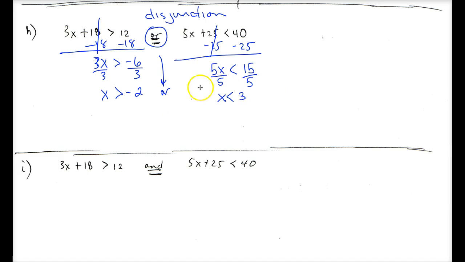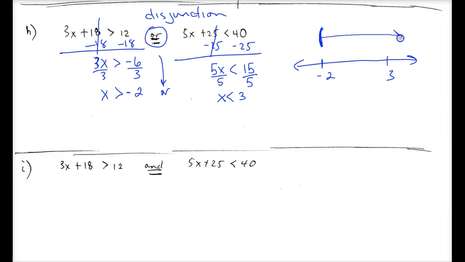So here we want a number for x to be either greater than negative 2, or we want it to be less than 3. And so if we look at this on the number line, this is what we're actually saying. I'll just go ahead and draw it first.